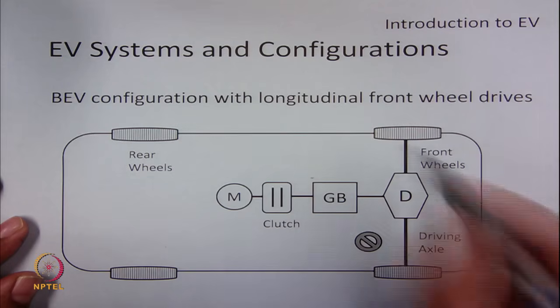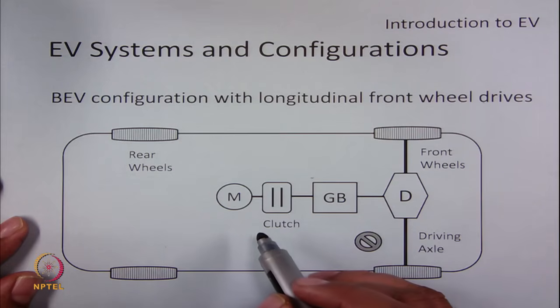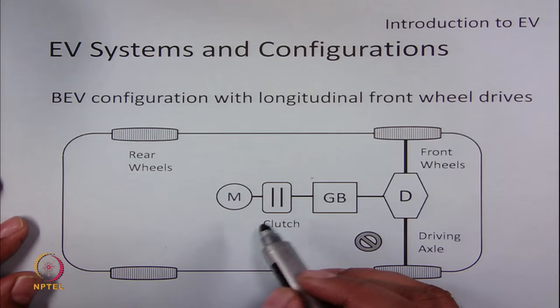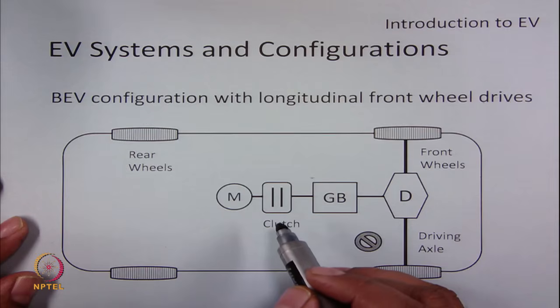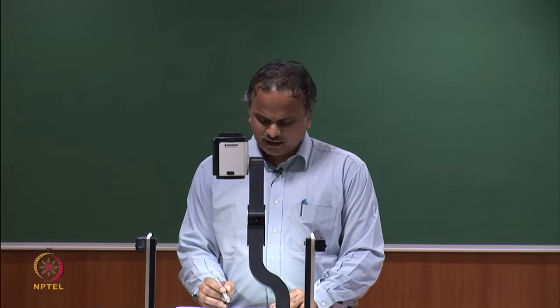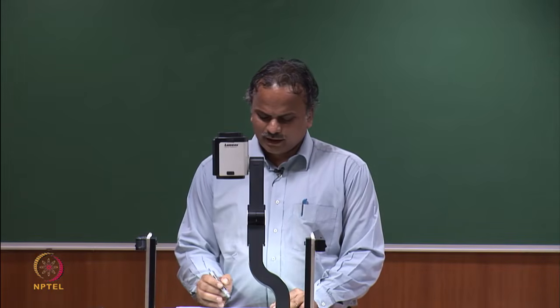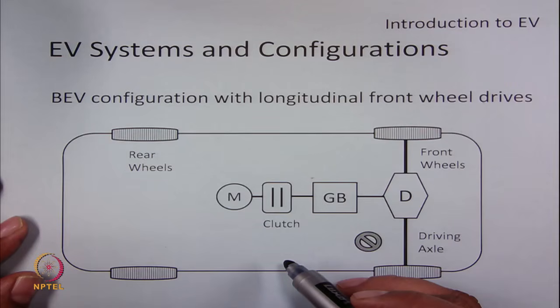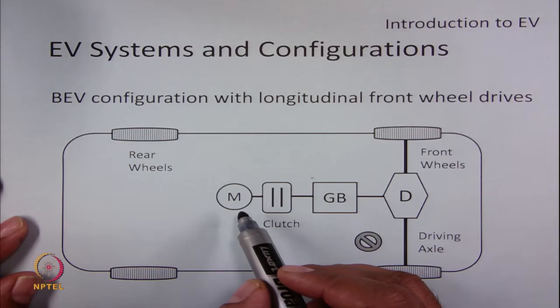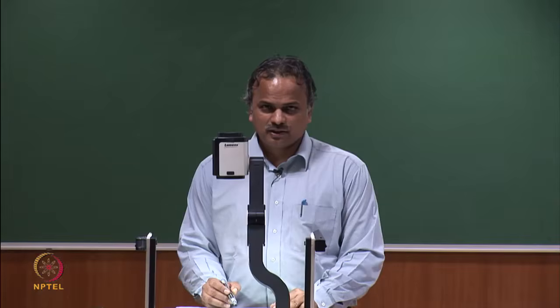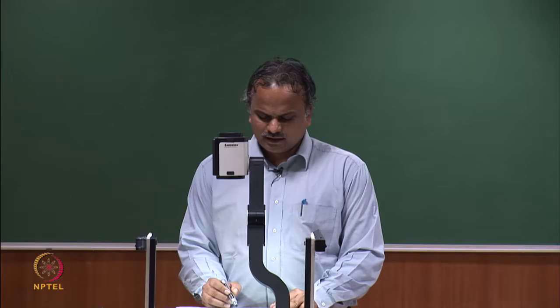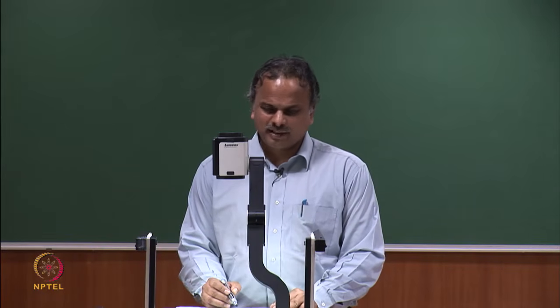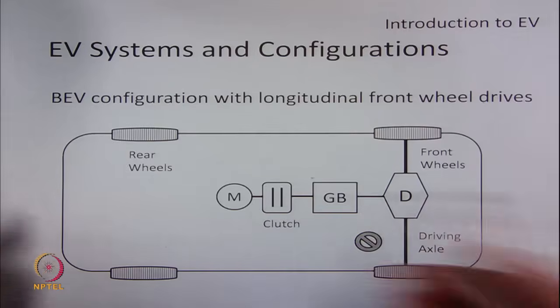So, this system is very easy to build, and it is normally done in a 3-wheeler or a very small rated car, where not much expertise is required from the electrical domain. The motor that can be used is a conventional motor, and it does not have to be designed for EV application; it can be any conventional motor.